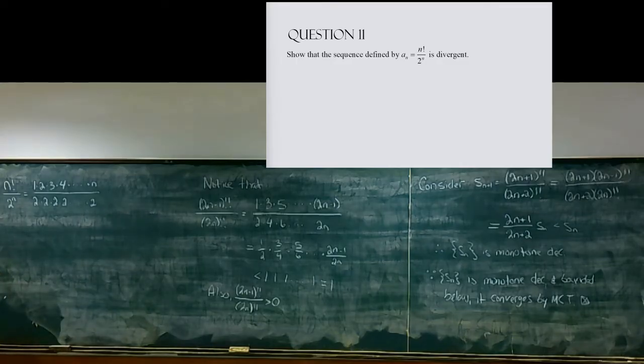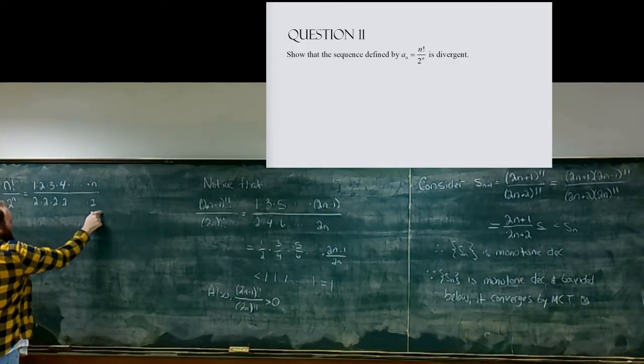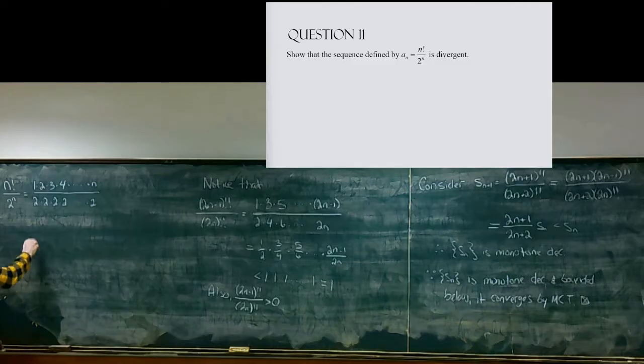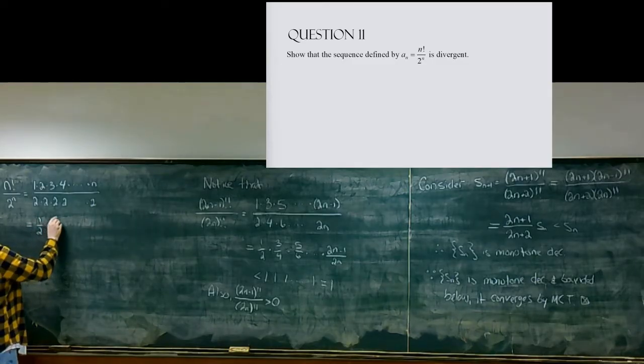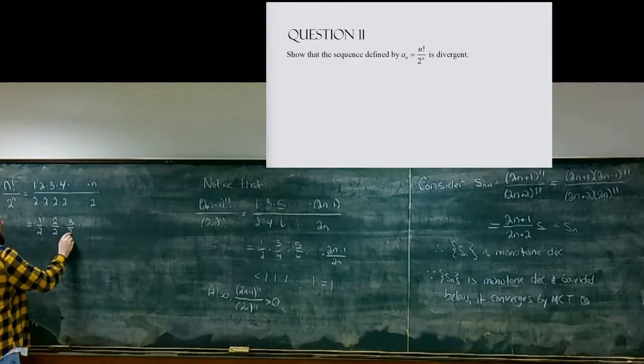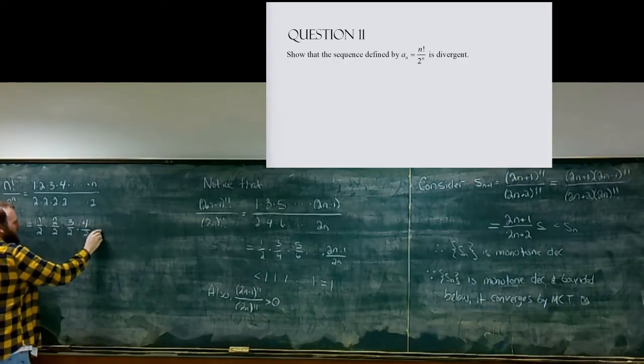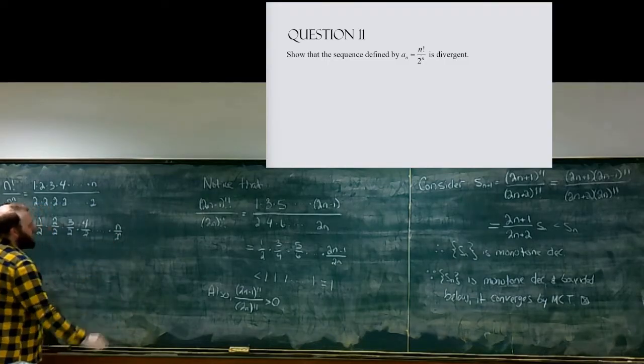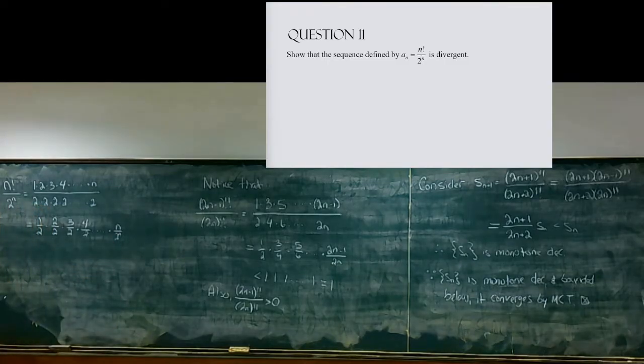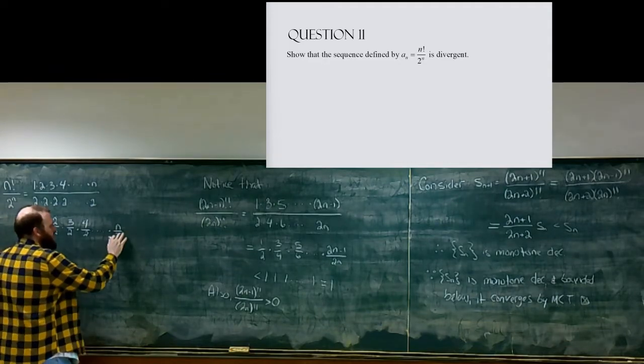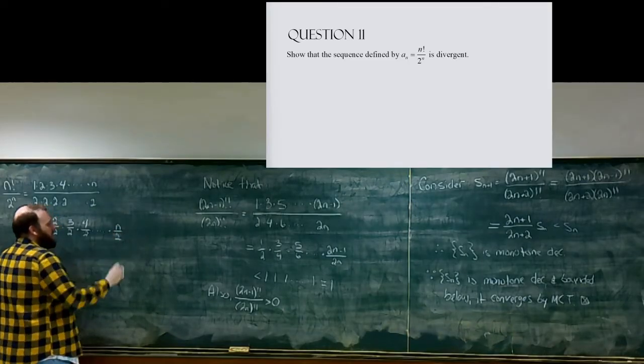It's 2 times 2 times 2 times 2 times 2, n times. We have n terms in the numerator, we have n terms in the denominator. No, not 2 to the n, just n over 2.